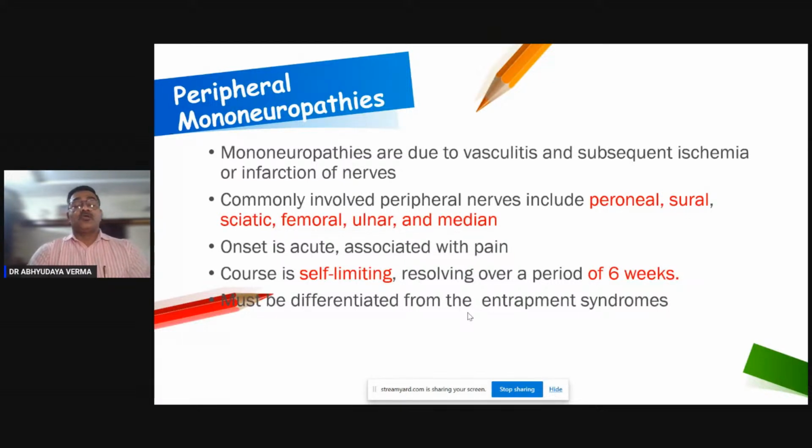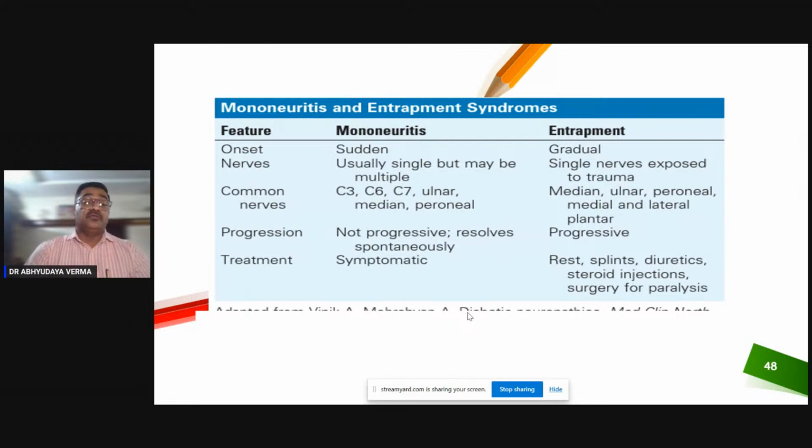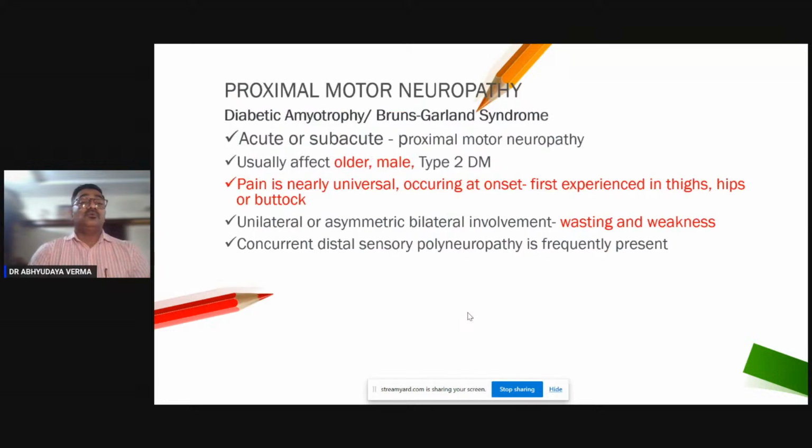The commonly involved peripheral nerves are the peroneal, sural, sciatic, femoral, ulnar, and median nerves. It is self-limiting and can resolve over a period of 6 months, and it should be differentiated from entrapment syndrome because these are local diseases. And this is the differentiation between mononeuritis and entrapment. I won't go into detail.